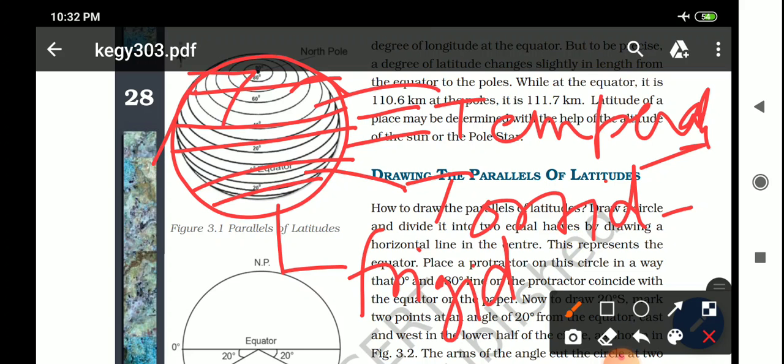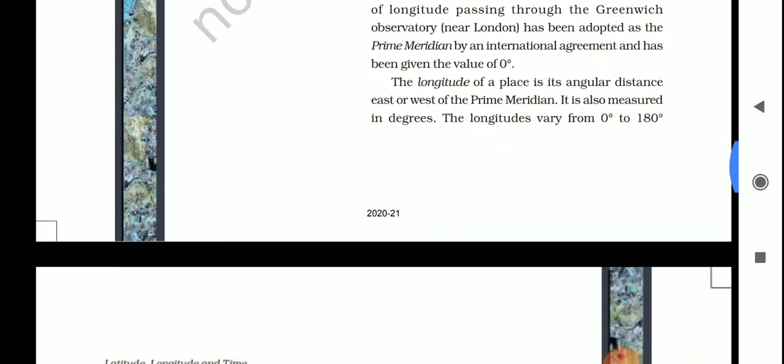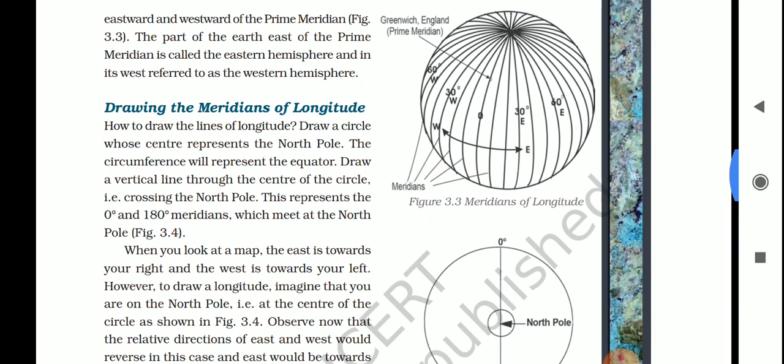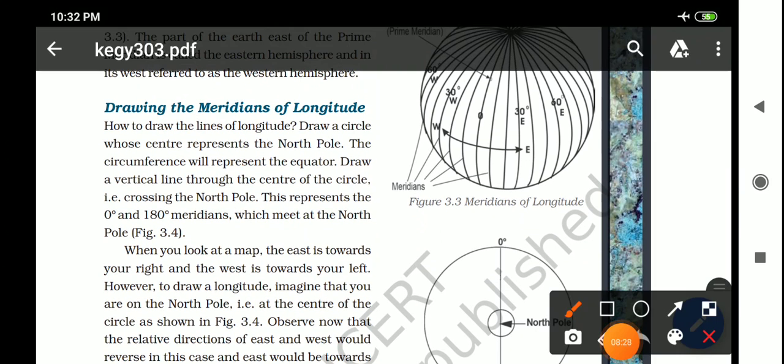Next is longitude. It always runs north to south. If I show you this picture, you can see it always runs from north to south. So what happens at the poles? They are furthest from the equator.